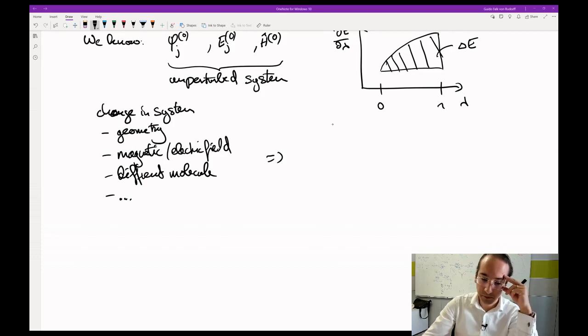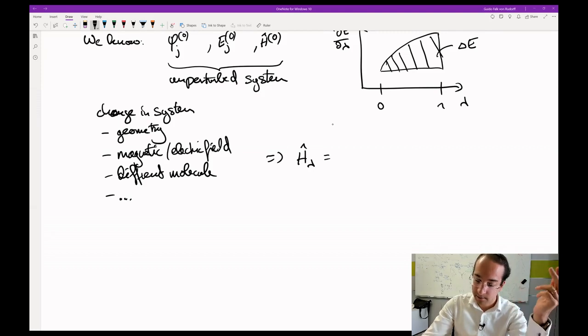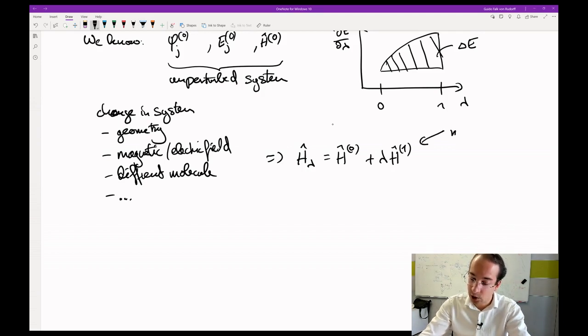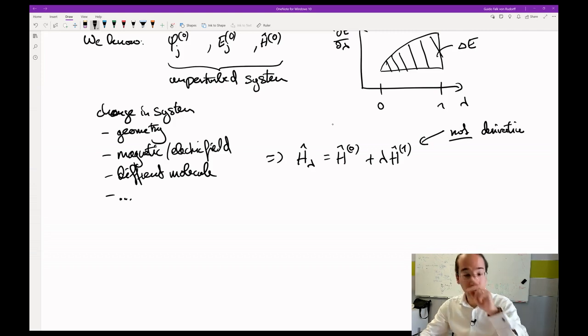So the idea is you define one Hamiltonian and you say, now I take the one of my reference system, which is essentially unchanged, and now I extend this plus some perturbation. And what you have here in the superscript, that is not the derivative. This doesn't stand for the derivative.